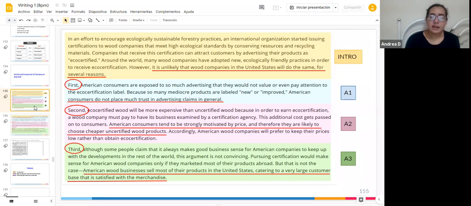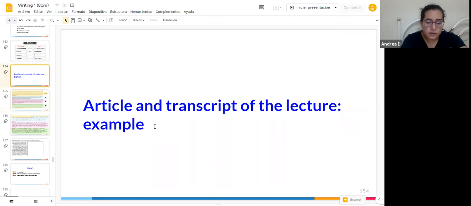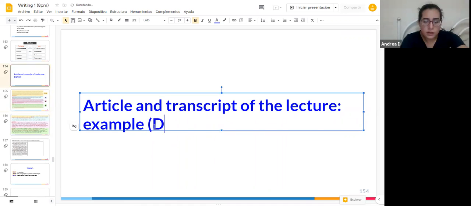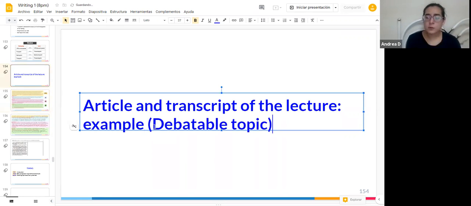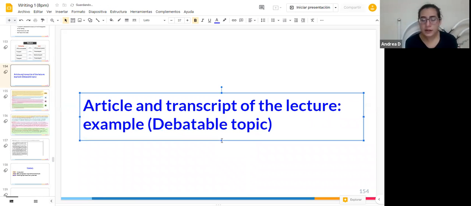What you need to know is that it's always going to be a debatable topic, something that you can actually have two perspectives on. The reading is going to be in favor of something. So the reading is going to have one position, and the professor in the lecture is going to have another view on this. So you have two opposing views on a topic.